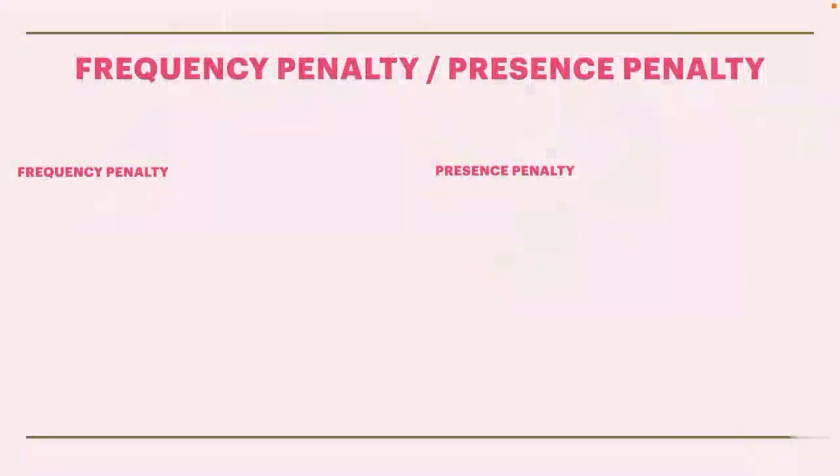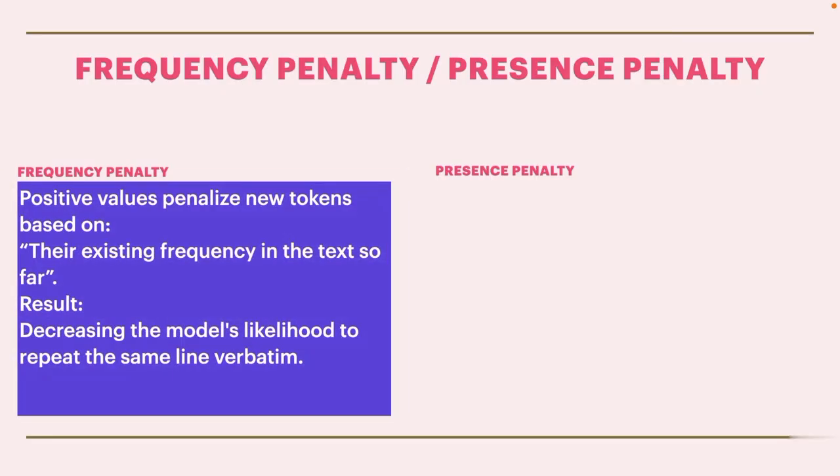In this video, you will understand the frequency penalty and the presence penalty of the ChatGPT API. Let's start with the frequency penalty. According to the documentation, if you set this parameter to a positive value between 0 and 2, you will then penalize new tokens based on how many times they have appeared so far in the prompt response.